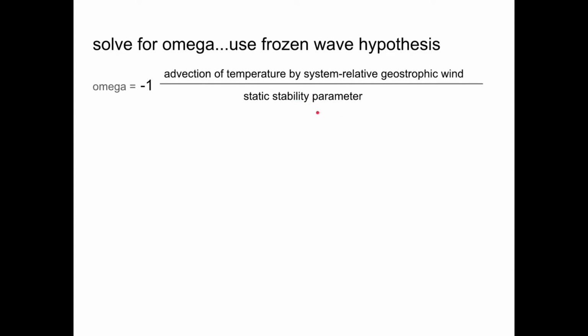So omega is going to basically be the opposite sign of the temperature advection, at least by the system relative flow. If we have warm air advection, this numerator would be positive, multiplied by -1. That would give us negative omega, and that's rising motion. So we should see a relationship between rising motion and warm advection, or sinking motion and cold advection, if we analyze this with real data.